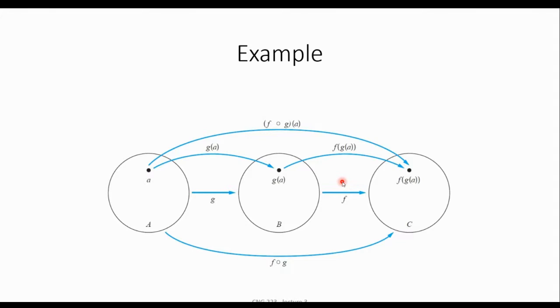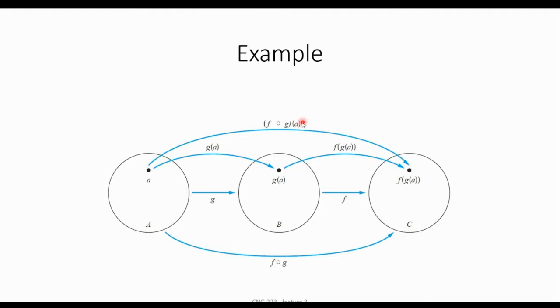But before the example, let's take a look at this picture. You have a set named A, another set B, and C also. If I want to calculate, for example, f of g of a, it means the composition of f and g, and insert this number as an arbitrary number.